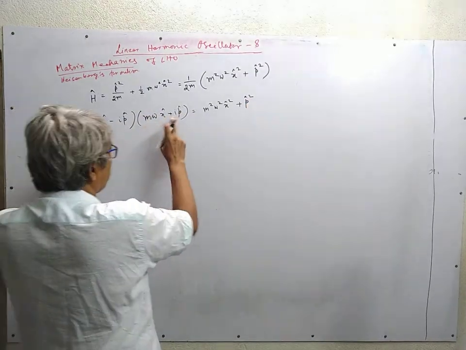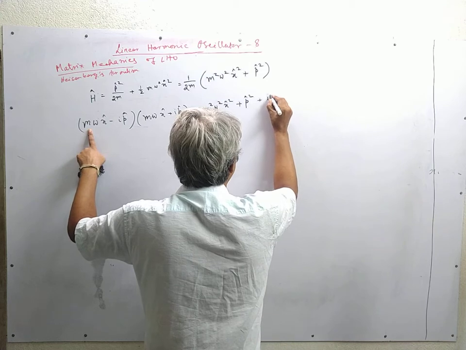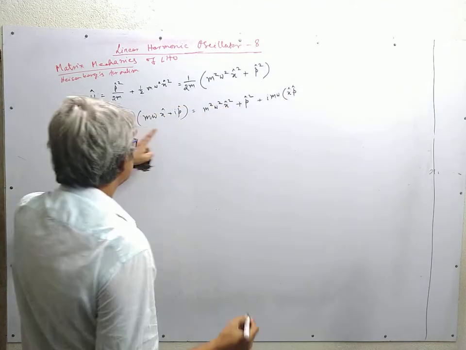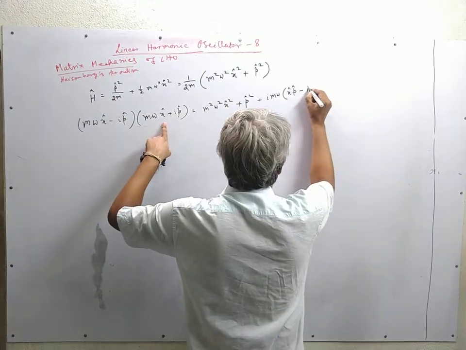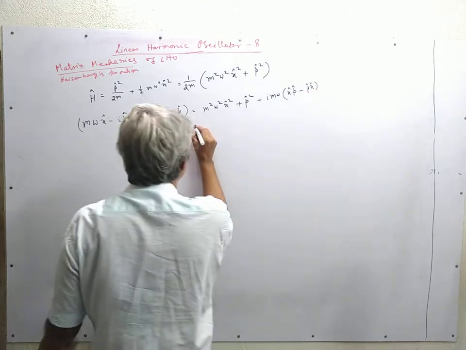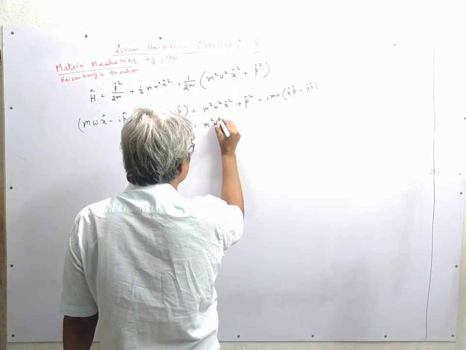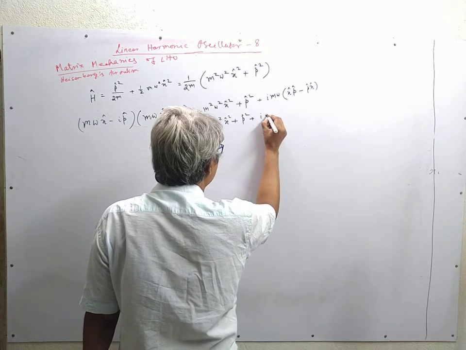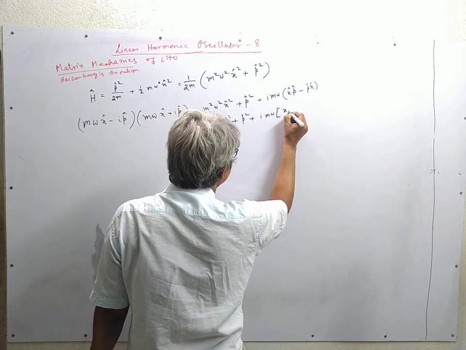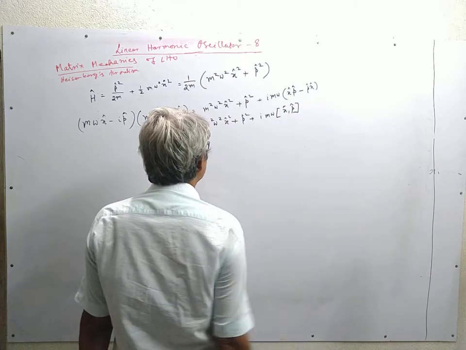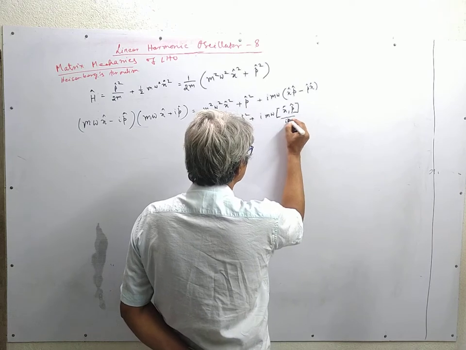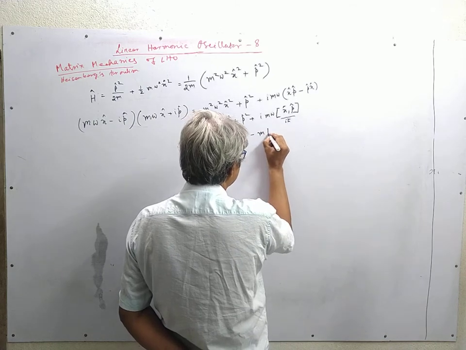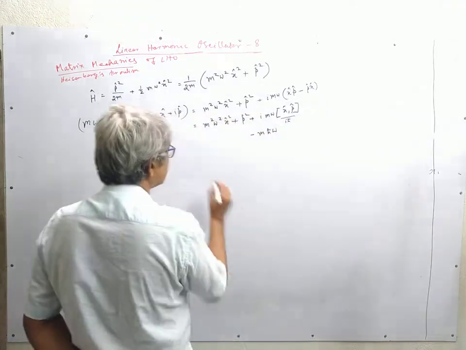Then we consider this multiplied by this: it is i m omega xp, and when this is multiplied by this, it is minus px. So this is m squared omega squared x operator squared plus p operator squared plus i m omega times the commutator of x and p. The commutator of x and p we know is equal to i h cross. So this quantity is simply minus m h cross omega.